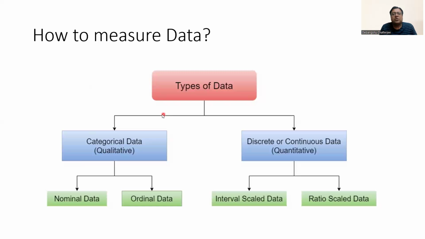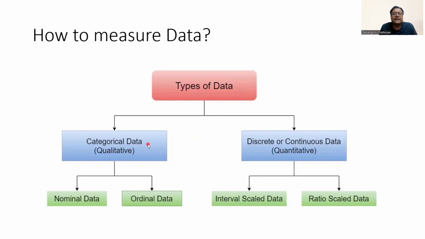Now, what is categorical data? It can be divided into nominal data and ordinal data, and quantitative data can be divided into interval scaled data and ratio scaled data. So interval scaled data is called discrete data, and ratio scale data is called continuous data. We will go into the details and see.